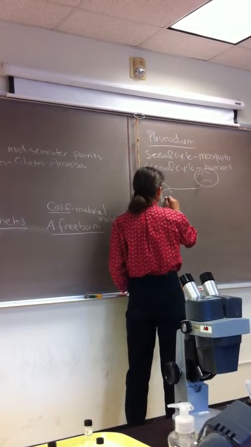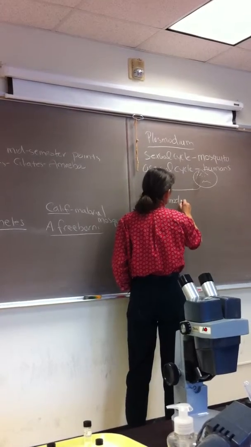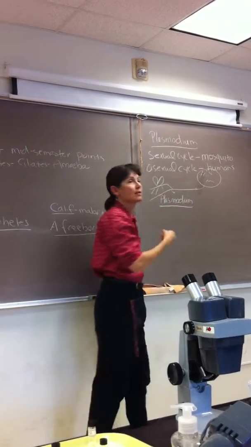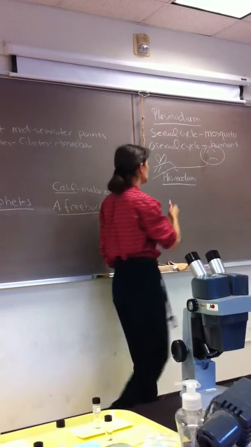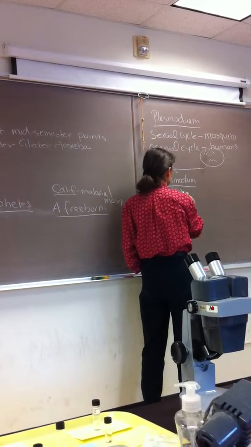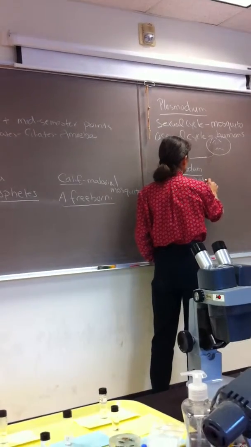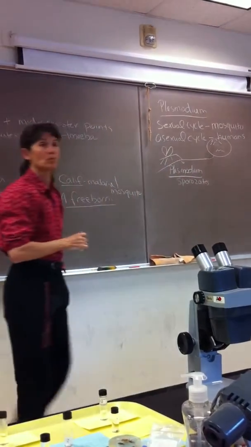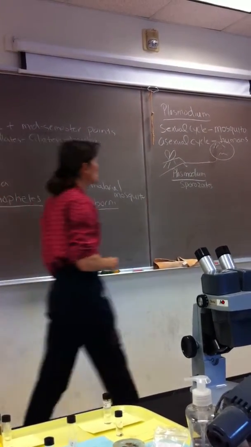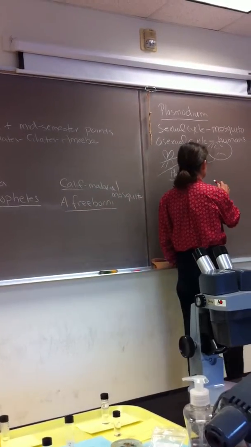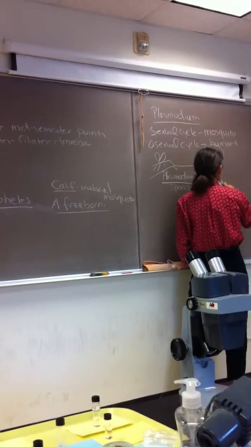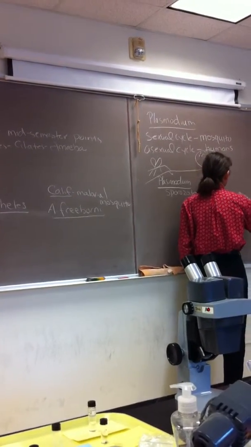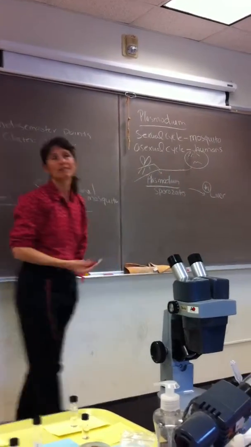Now, I'll just give you the name of the stage, but I'm not going to ask this on the lab practical. It's just so you can track some of these stages on your handout. The form that the female mosquito injects is called a sporozoite. The sporozoites travel via the blood to the first organ they're going to infect, the liver. I never realized that.